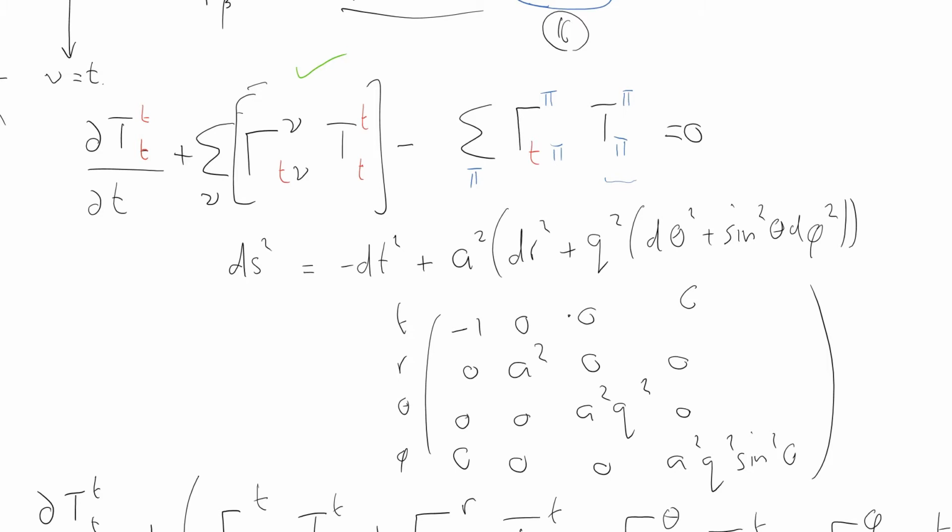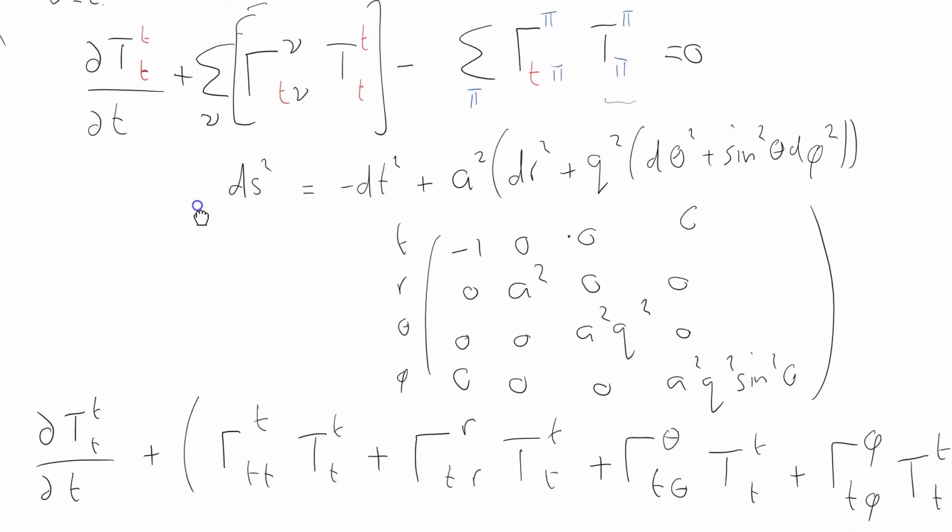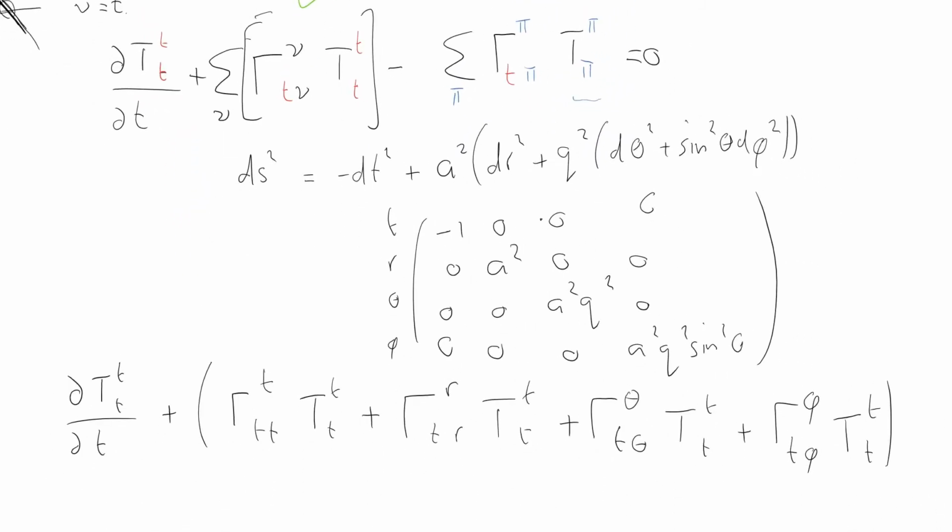Tick. Back to black. Okay, and now this is a little bit more, well, it's not more complicated. It's still a summation over 4, let's just write it out, summed over pi.